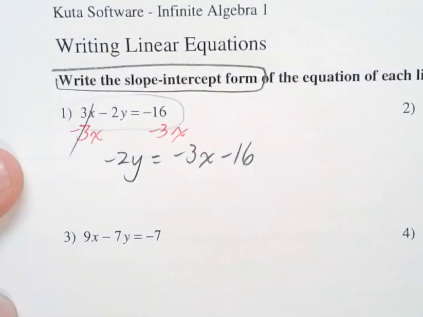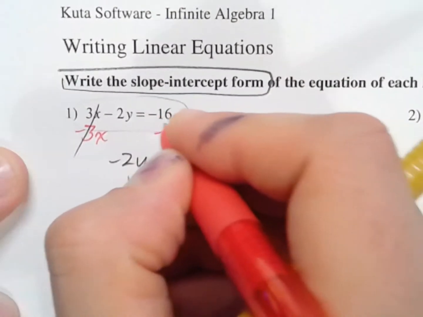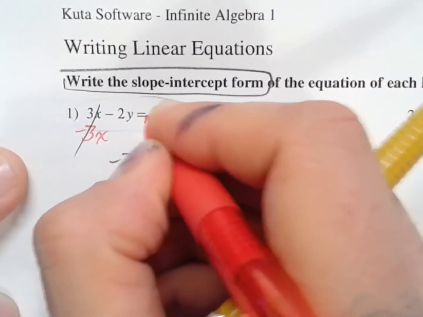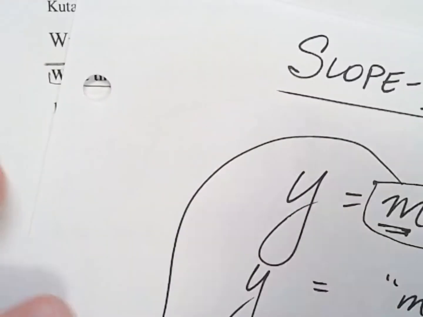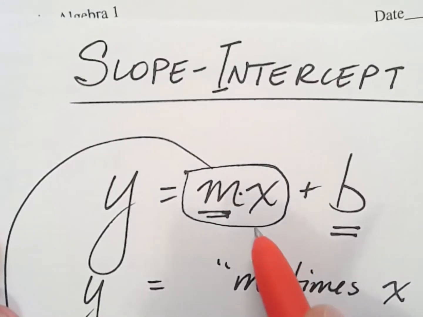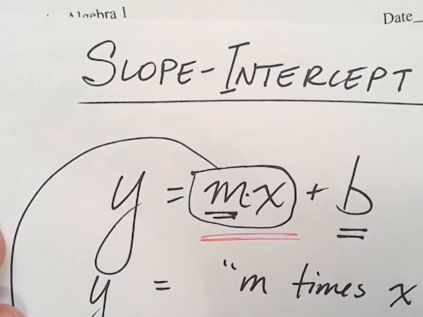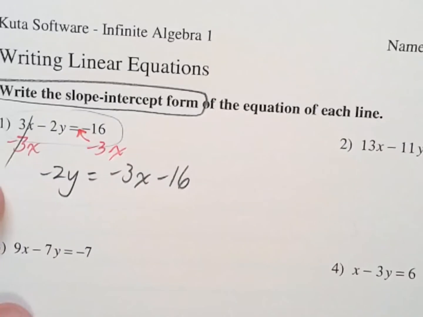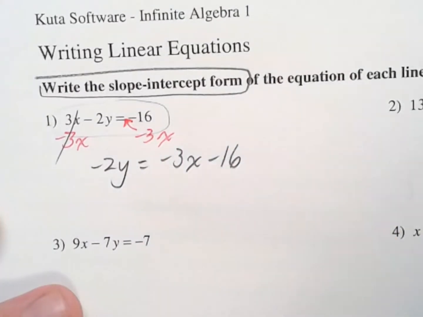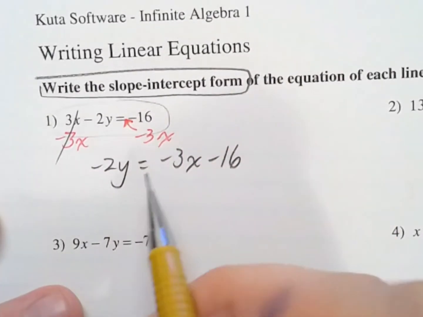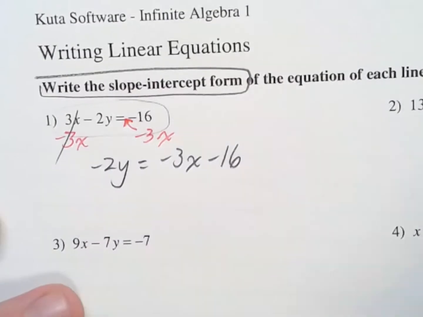Notice that I took the 3x and I shoved it in right there in the front, because in the mx plus b, the x term always comes first, and so that's just the way we're more used to looking at it. So I would recommend getting in the habit of writing the x term first, because it'll help you visualize what's about to happen. And now, of course, I need to get rid of the negative 2.